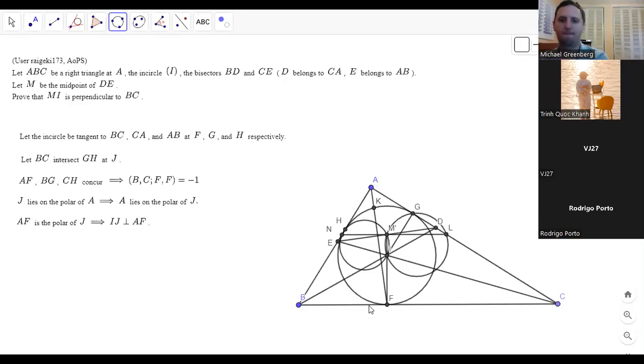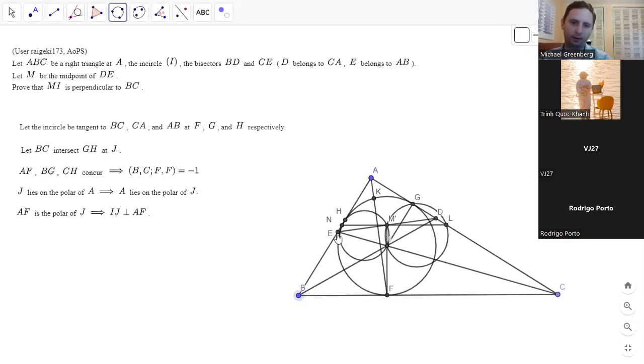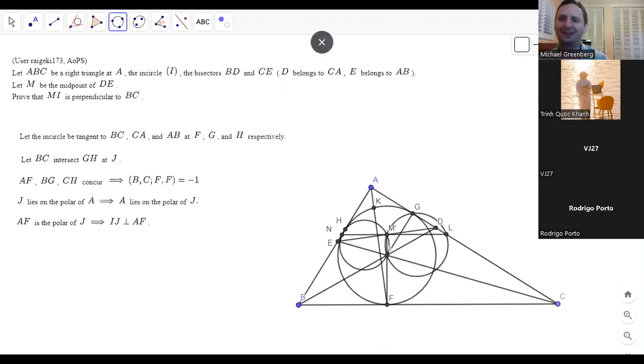I would be very surprised, but let me see if BEDC is cyclic. You coordinate bashed it. Oh no. Let's see if we can find a solution without coordinates.